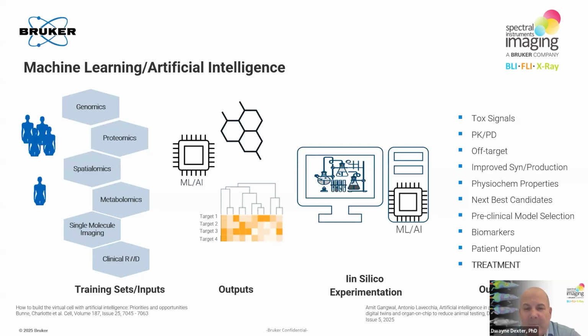So pay attention to this space, because as these tools, in particular the data sets that are employed in these tools, improve and grow, this will become an important component of not only the drug discovery process, but clinical practice.